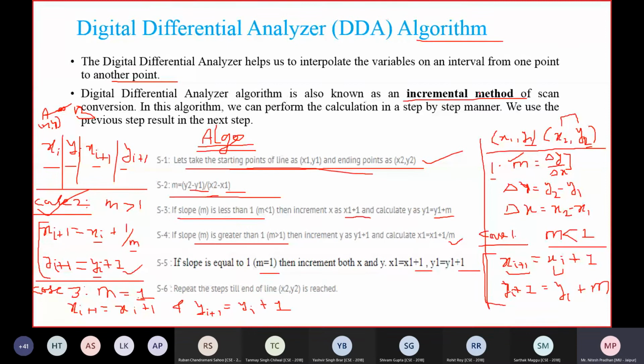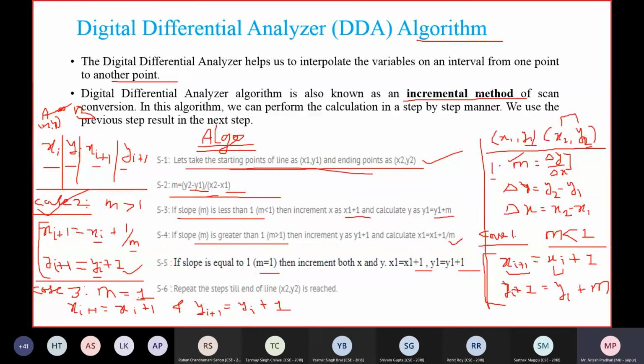If you have any doubt, you can ask me, because now we'll see 2 or 3 examples related to this DDA algorithm. The target of DDA is to find the middle points of a given line. That's all. If you have any doubt, you can ask me. Otherwise, please respond. Is it okay? Yes, sir.